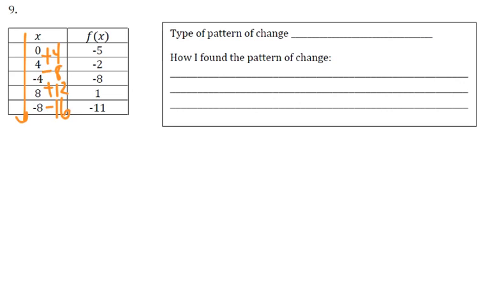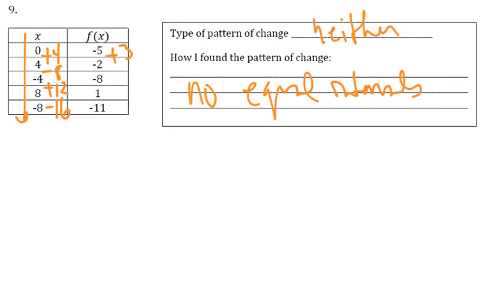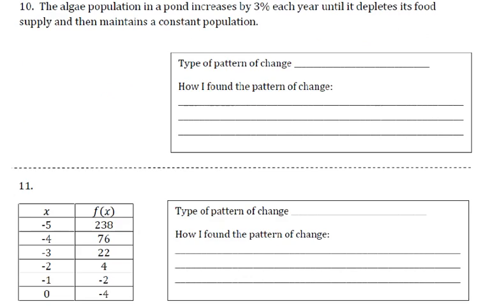They're not equal intervals. So this is going to be a neither. How did we find the pattern? We found that no equal intervals were happening. And then even over here we add 3, subtract 5, add 9, subtract 12. So it's kind of all over the place, isn't it?